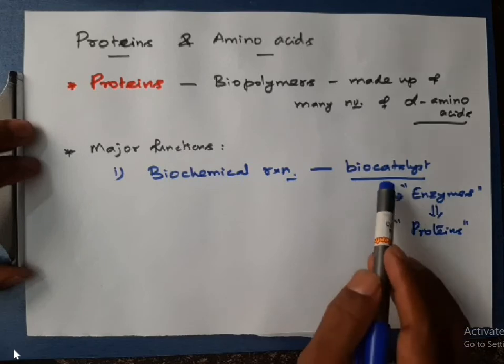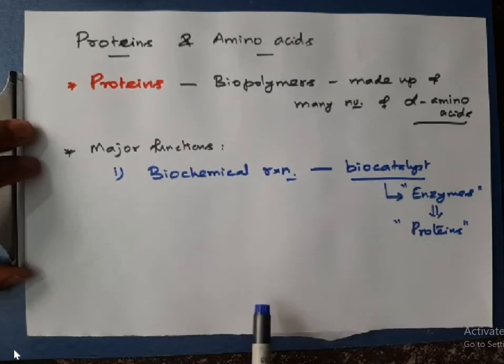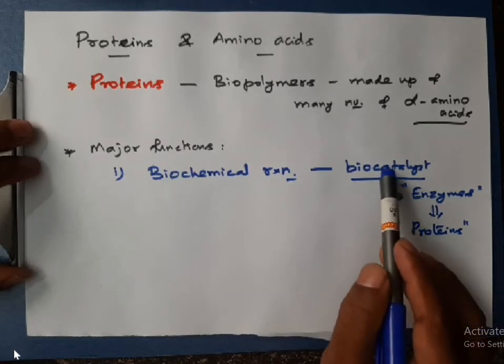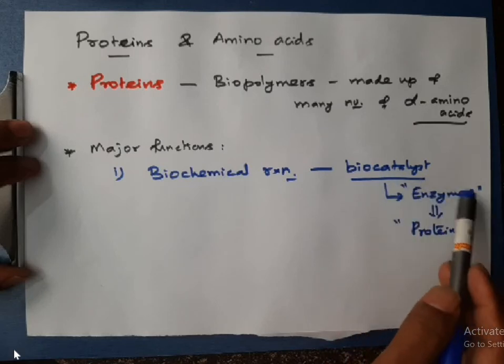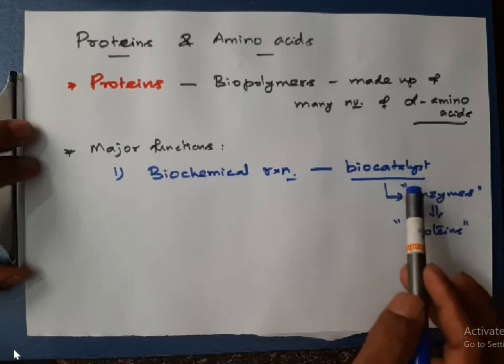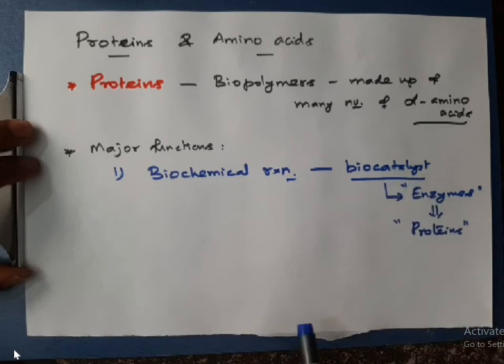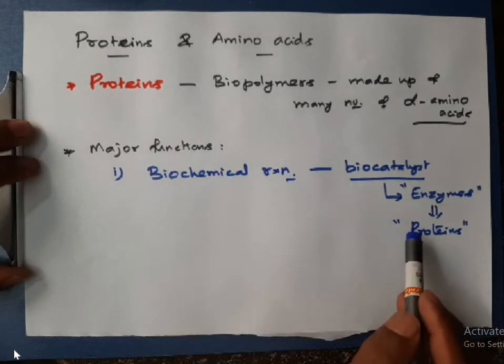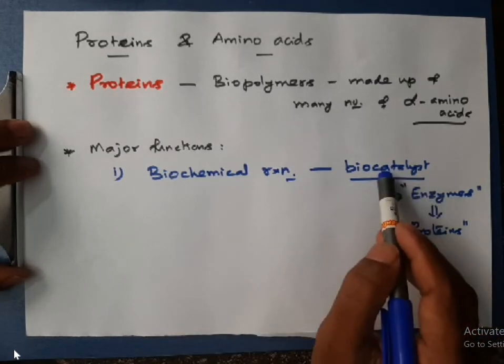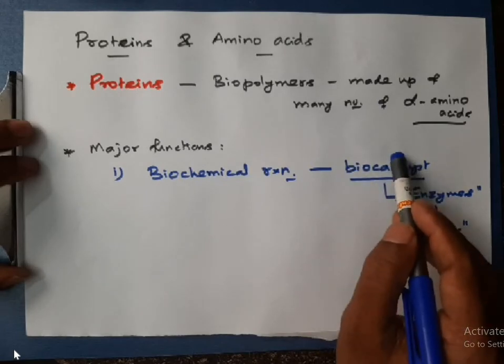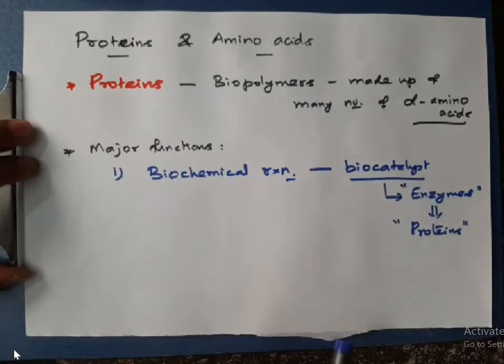We call those catalysts biocatalysts, and enzymes act as biocatalysts. What are enzymes? Enzymes are nothing but proteins. So proteins are used as biocatalysts in the animal body and plant body.